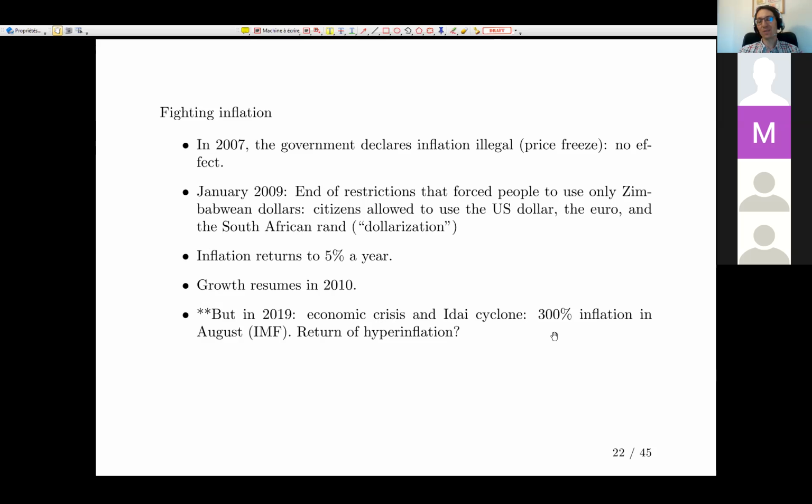There was 300% inflation in August. So it's looking bleak. Again, hyperinflation is not something that happened in the 1940s in Germany and is never coming back. Maybe in Europe and the US it's not really coming back, but it's not over in many different countries around the world. You can still have hyperinflation.